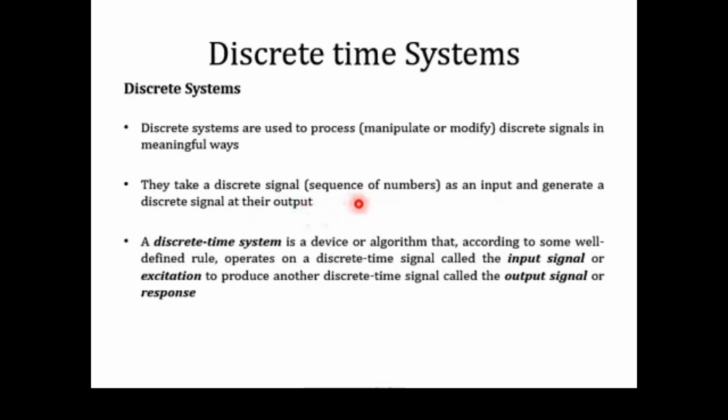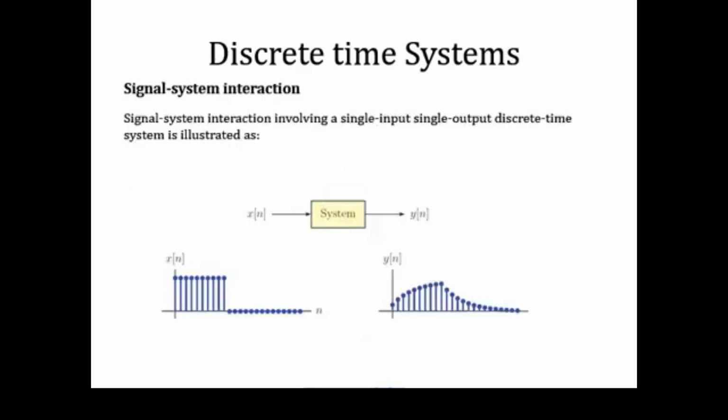So the thing to remember is that the input and output of each discrete system will have a discrete nature. No discrete system can generate or produce the continuous output. So this is the basic idea of a discrete time system.